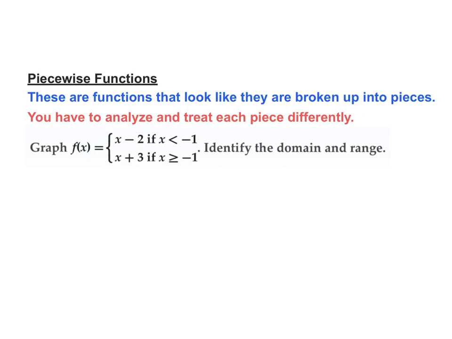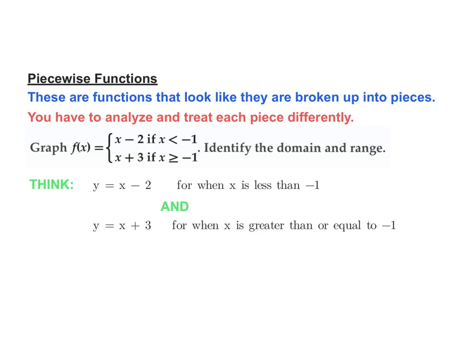So we're going to graph each part, and they should be two separate pieces, and then we're going to determine the domain and range. Now, in order to do this, here's what we have to think. I'm writing this out, but this is supposed to be thinking. For this first one, y, because remember f of x is like y, equals x minus 2. But that's only for when x is less than negative 1.